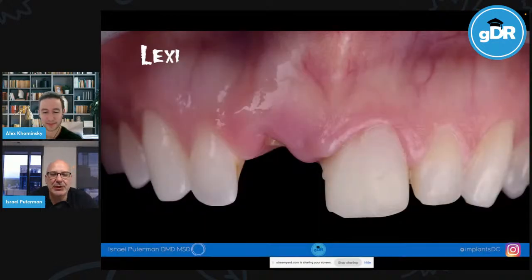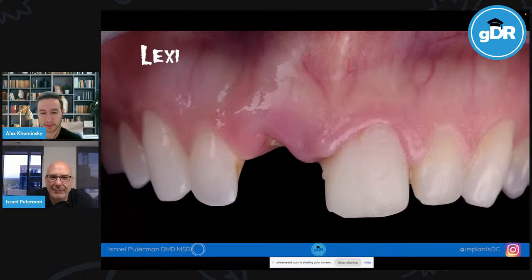So as we start to look at a couple of cases over here, first we're going to look at Lexi. Lexi is a really nice young gal who broke off number 8 in my world. Do you call it 1-1 or do you call it 11? 1-1. Okay, so broke off 1-1. And I'm looking at this case and I say, great.